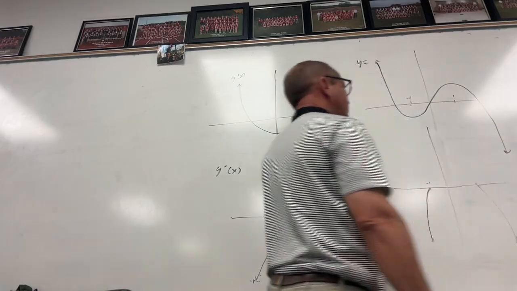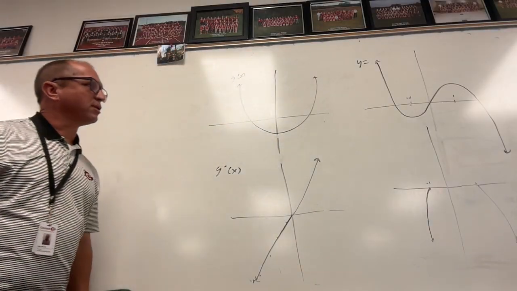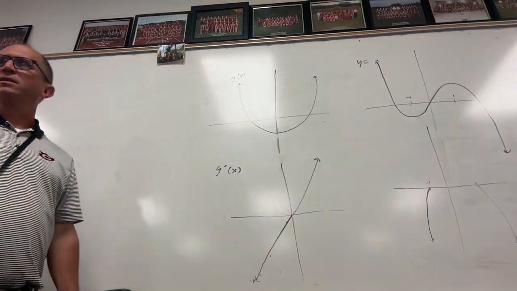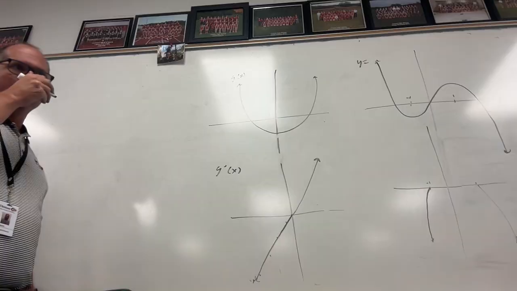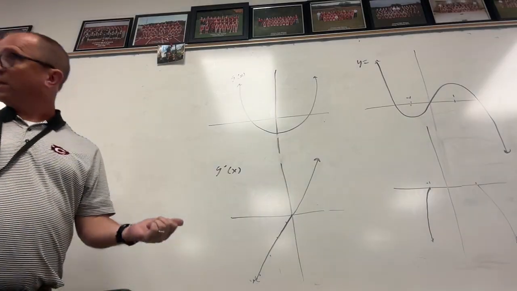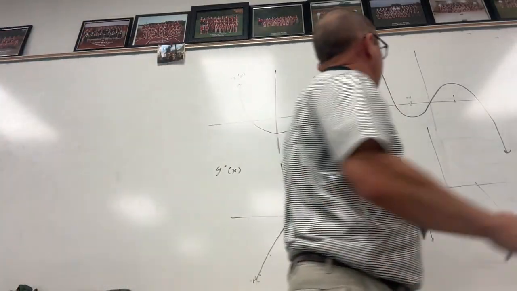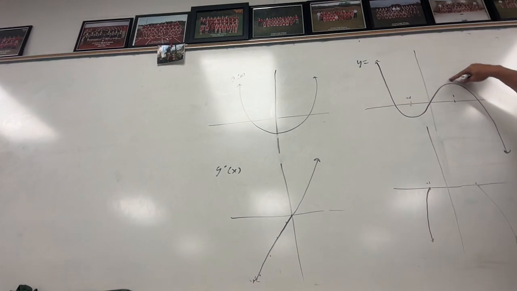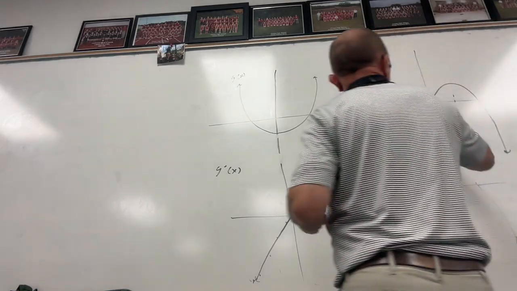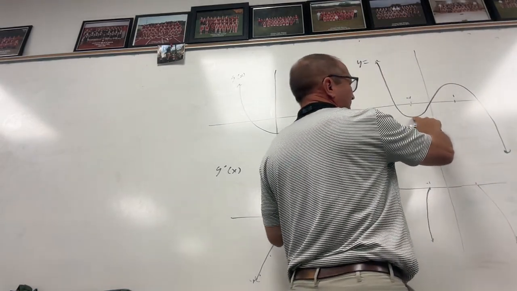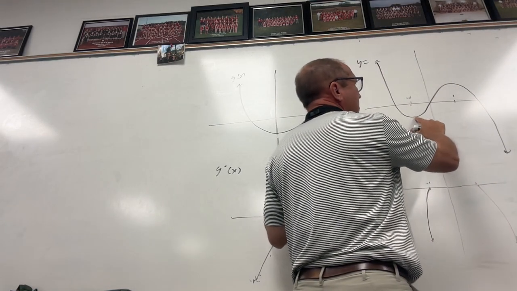Now, what is true about between negative 1 and positive 1? Our graph's increasing, right? Our graph is increasing. So our slopes should be positive. Okay, so we're positive right here, but we're not much greater than 0, right?